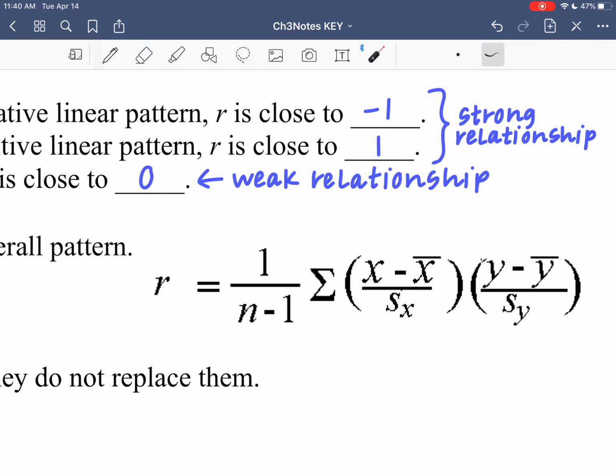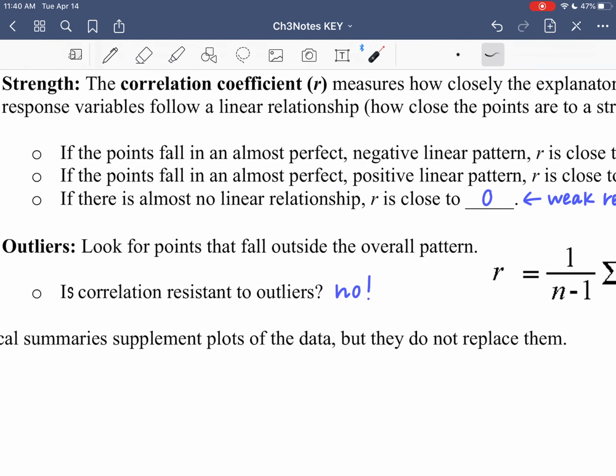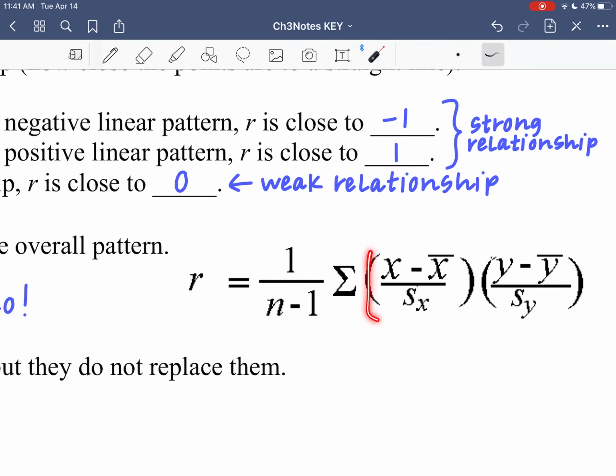The reason I wanted to talk about this formula is because I want you to think about an outlier here. An outlier in this case would be a point that falls outside the overall pattern. If that point falls outside the overall pattern, then likely the z-score for at least one of these is going to be really, really large. That point is going to be far away from the average.